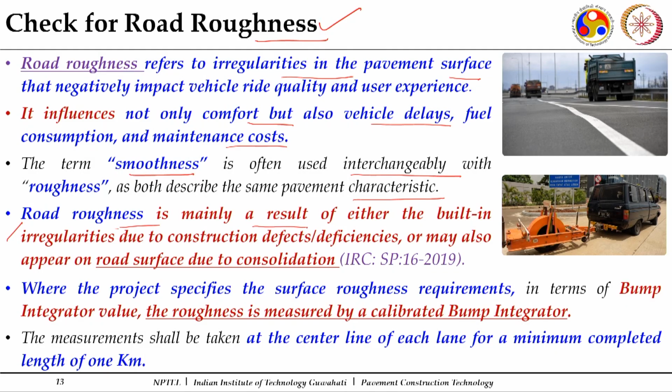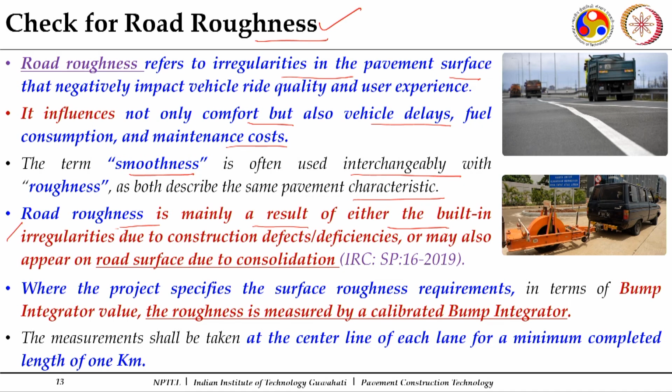So, road roughness is mainly a result of either built-in irregularities. So, there are already some built-in irregularities. If you are not able to ensure the levels properly, your surface regularity, the surface evenness, then that definitely gets reflected on the top and you have a bumpy ride.